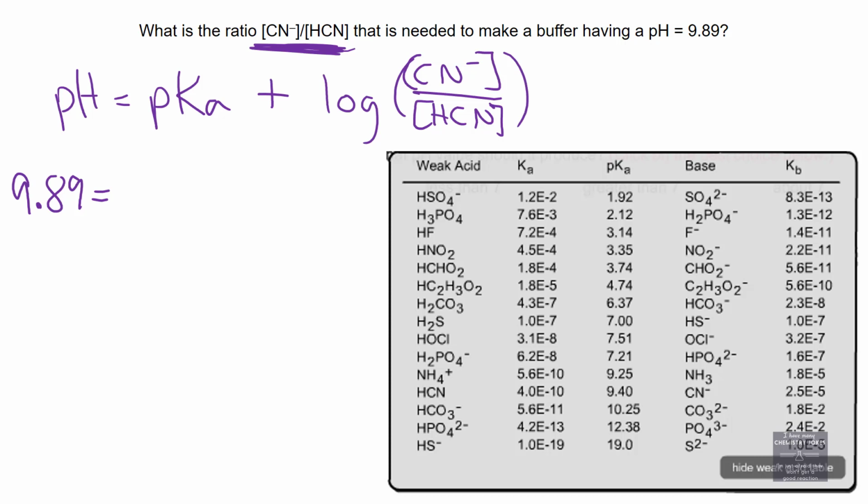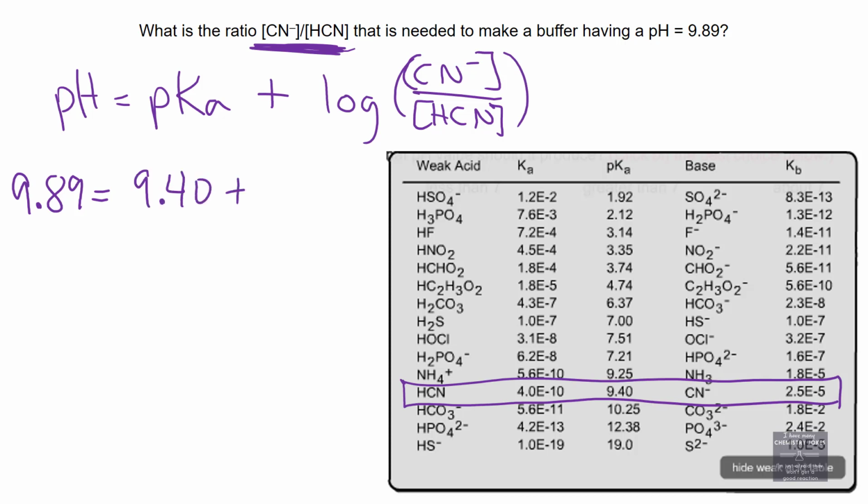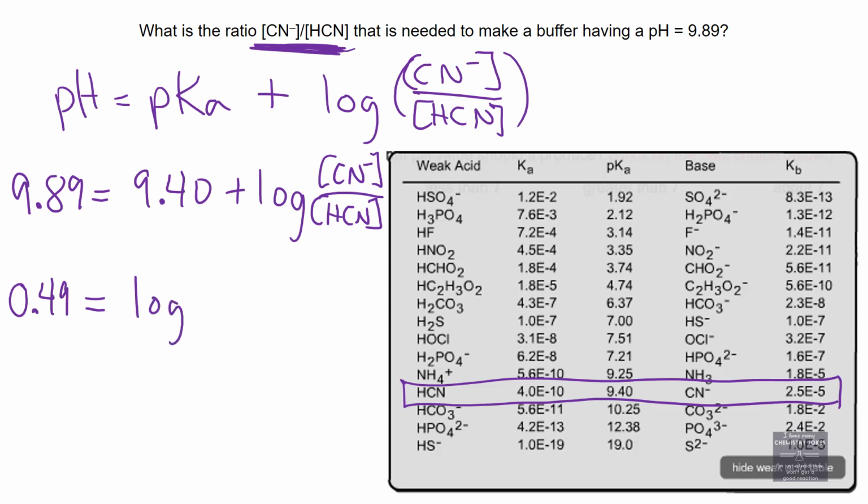And for the cyanide, HCN buffer, that's this line, so 9.4 plus the log of cyanide to HCN. And 9.89 minus 9.4, that's 0.49, equals the log of cyanide to HCN.